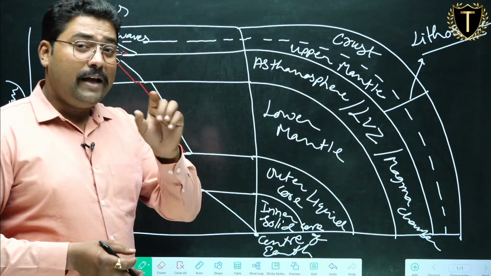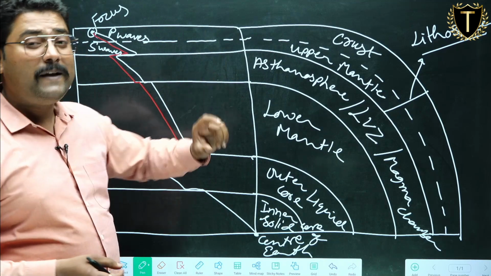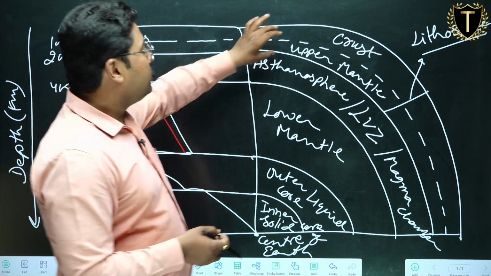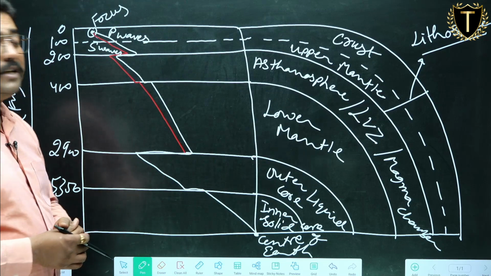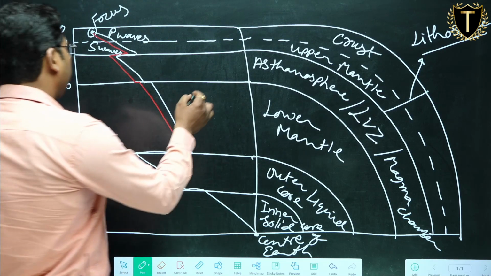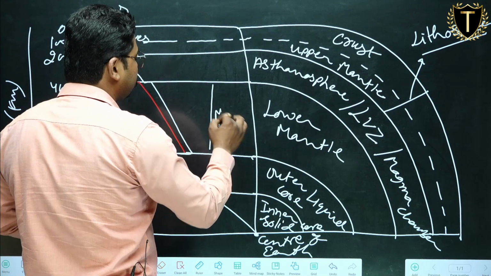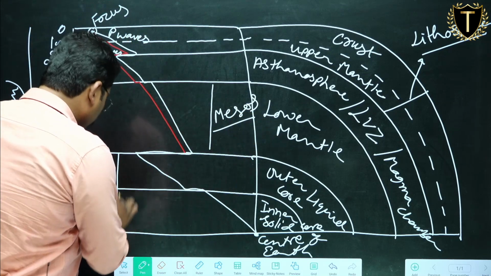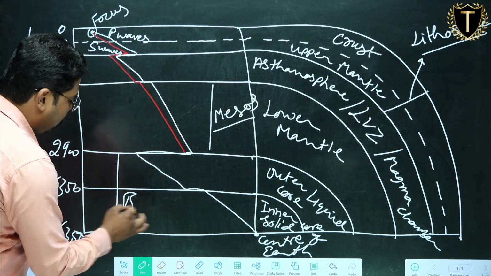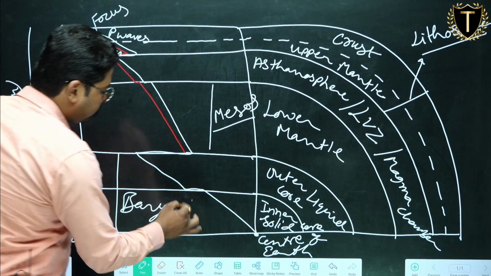Then after, if we talk about the space inside the Earth's interior, 0 to 200 kilometer lithosphere, 200 to 400 kilometer is considered as Asthenosphere, 400 to 2900 kilometer is considered as Mesosphere, and 2900 to 6371 is considered as Barysphere.